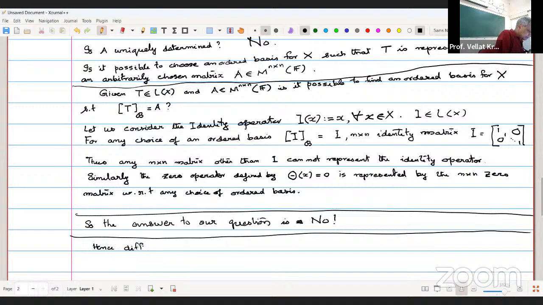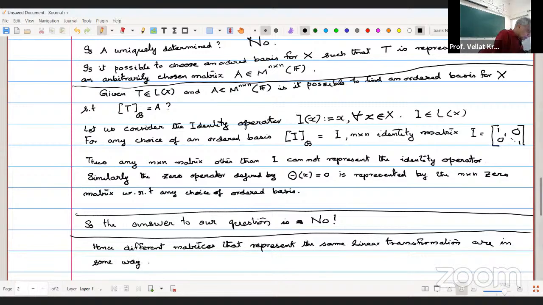Different matrices that represent the same linear transformation are in some way related.